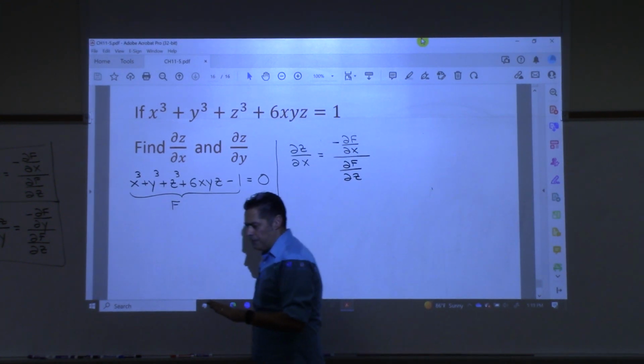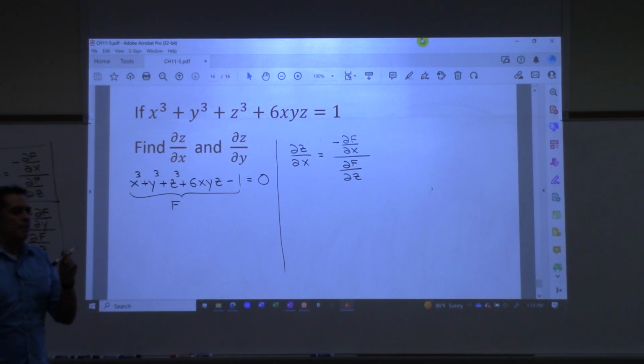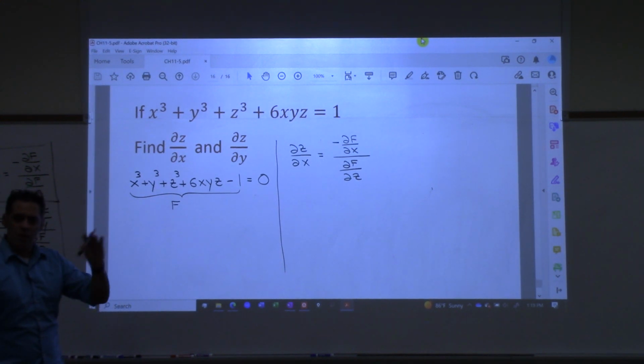Now look, there's a subtle important thing here. When we started this whole discussion of partial derivatives, we had to hold something constant. If we did the partial with respect to x, we held y constant. If we did the partial with respect to y, we held x constant.